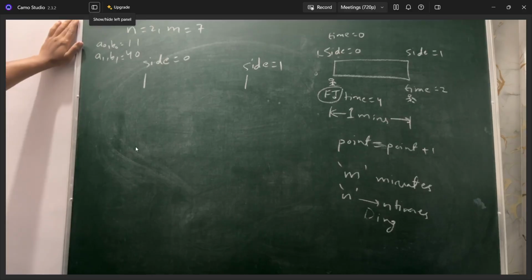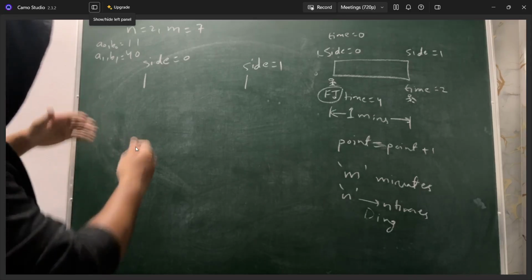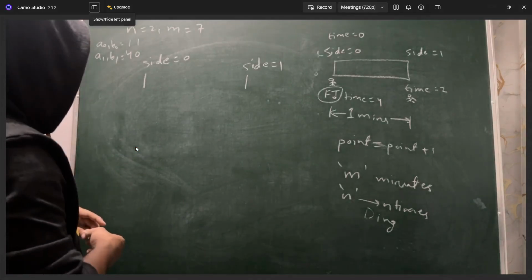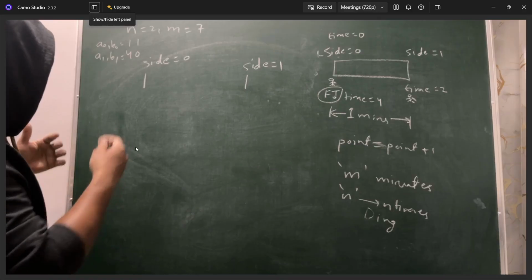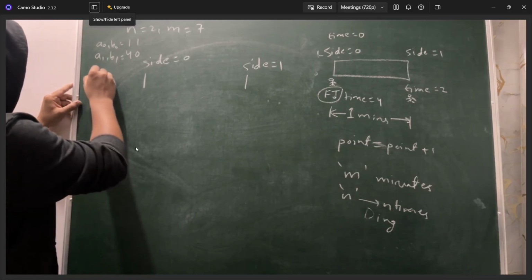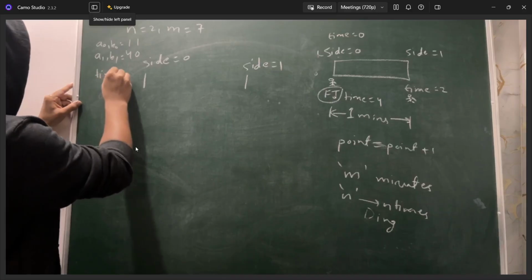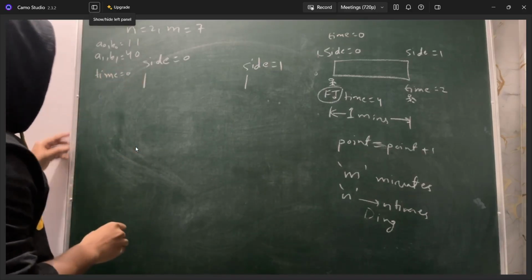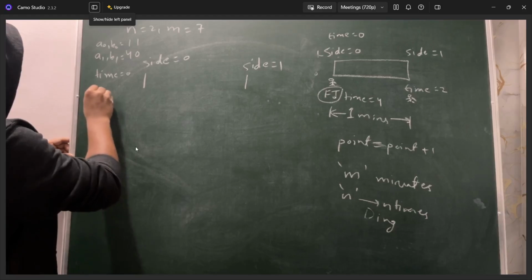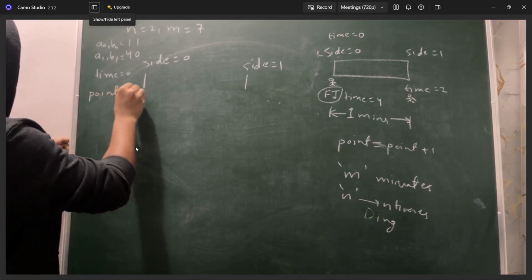So yeah, this is the second test case. From this we'll try to code it, how we're going to code it. So we'll take one variable, time. Initially time will be 0 only, and we'll take points that will also be 0.